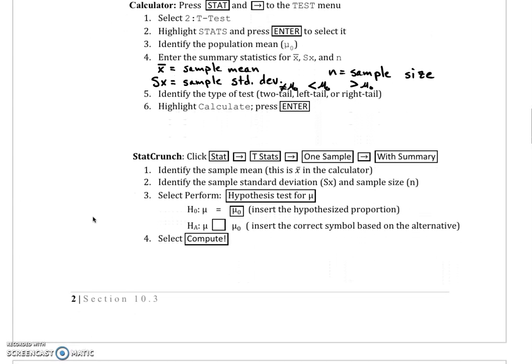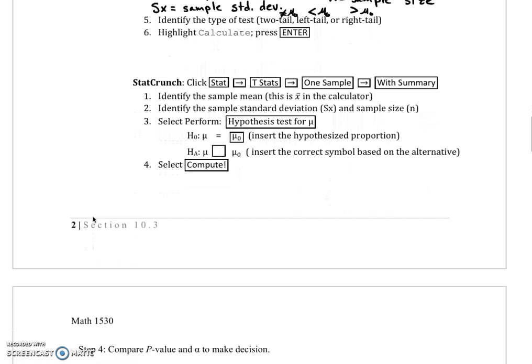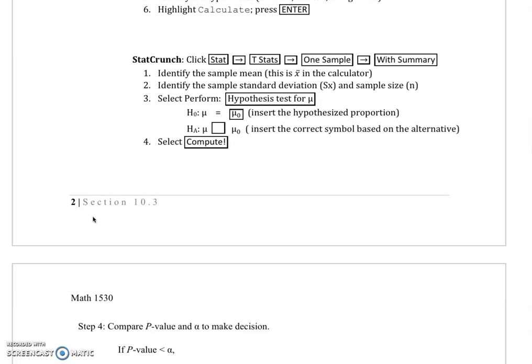There are also instructions here for doing this in StatCrunch. If you just follow this path, go to Stat, T-Stats, one sample with summary, give it the sample mean, the sample standard deviation, and the sample size, and then tell it to do a hypothesis test for mu.